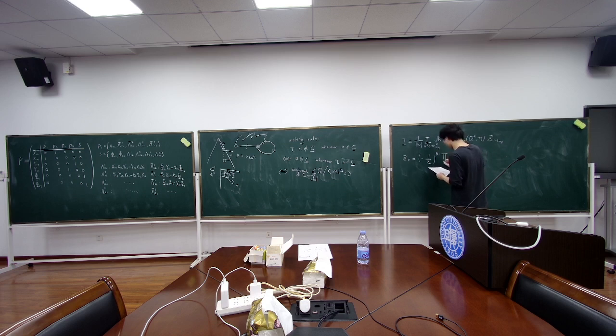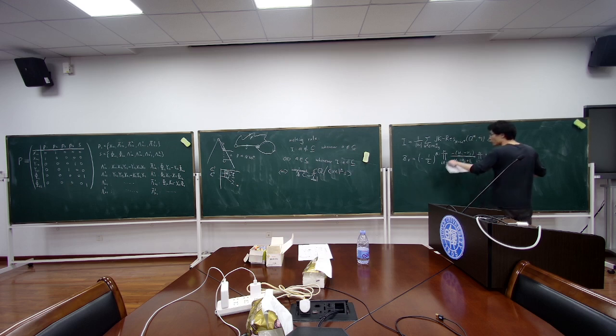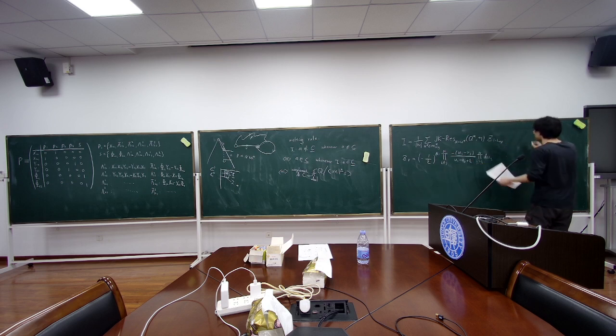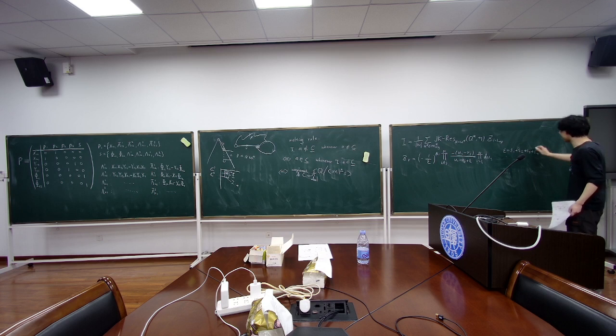So for each gauge node I have this expression, where this epsilon I define as epsilon 1 plus epsilon 2 plus epsilon 3 plus epsilon 4, which corresponds to, if it's fourfold, I have epsilon 4.